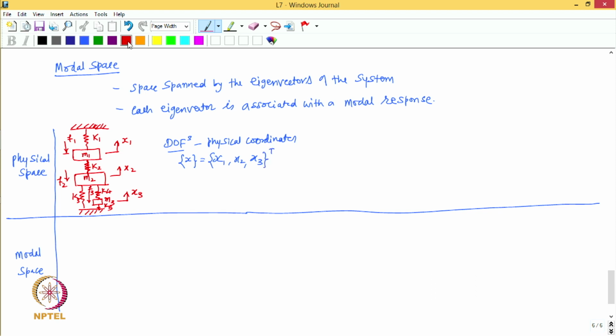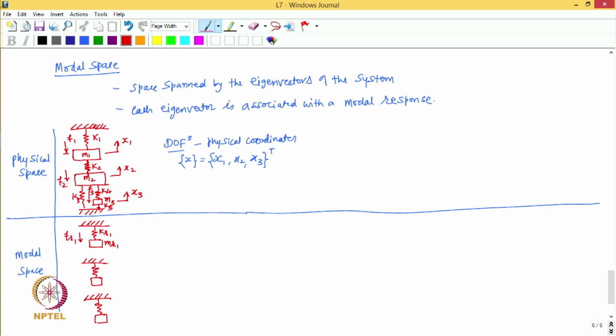Now, let us see what is there for the modal space. In the modal space, the system can be represented by 3 hypothetical single degree of freedom systems. So, I have this first system, then second system, and then the third system. This first system has stiffness Kr1 and modal mass Mr1, and the force acting on this system is Fr1.